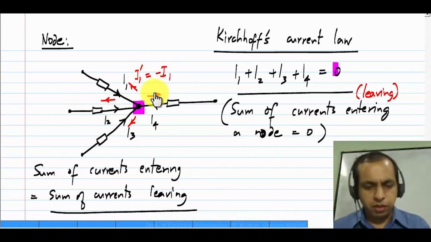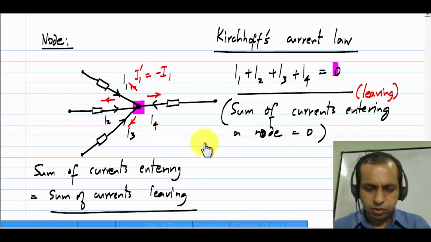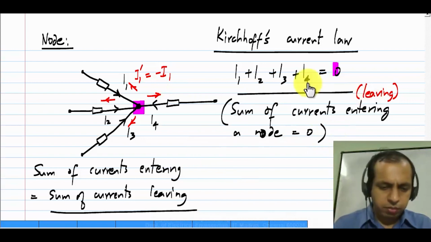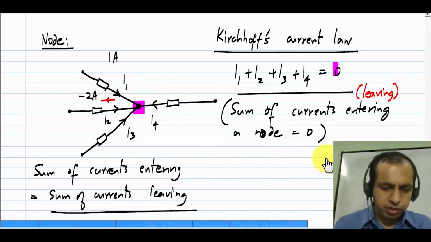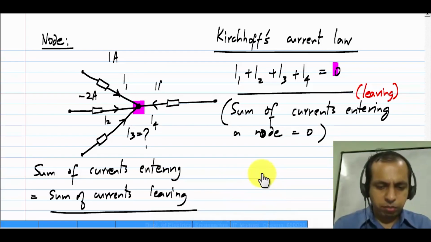Now, what does this mean? You can calculate an unknown based on the other currents. Let's say I1 happens to be 1 ampere, I2 is minus 2 amperes, I3 is unknown and I4 is 1 ampere.